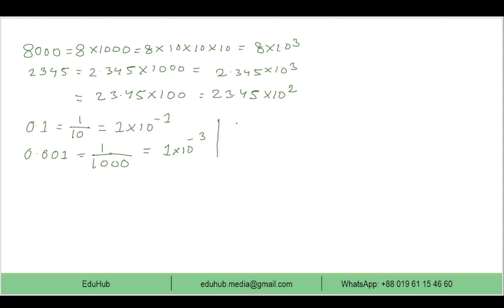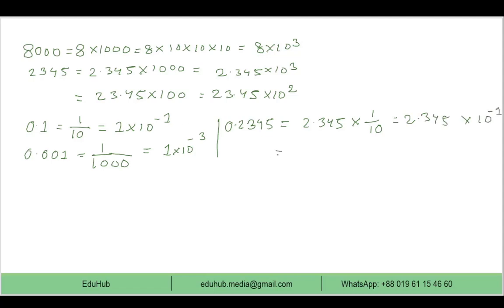If we want to write a number 0.2345 scientifically, we can write it 2.345 into 1 by 10. That means it is 2.345 into 10 to the power minus 1.